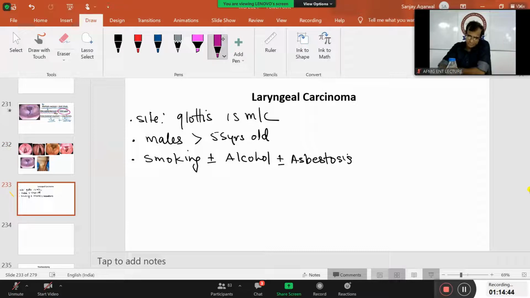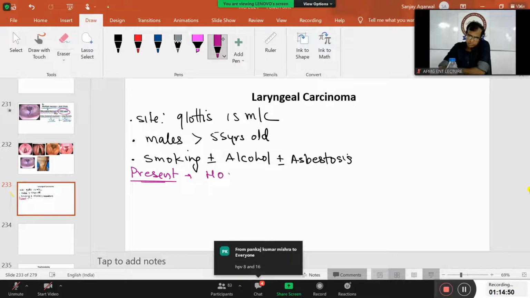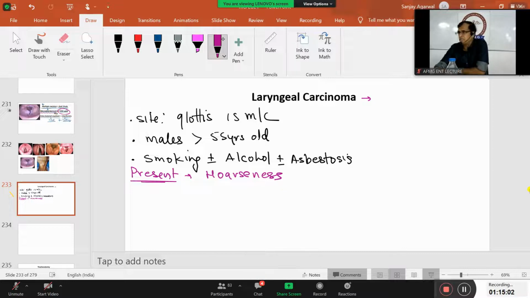Presentation? Hoarseness. Let me tell you, laryngeal carcinoma is not caused by any virus. Human papillomavirus of any strain is not a cause of laryngeal carcinoma.